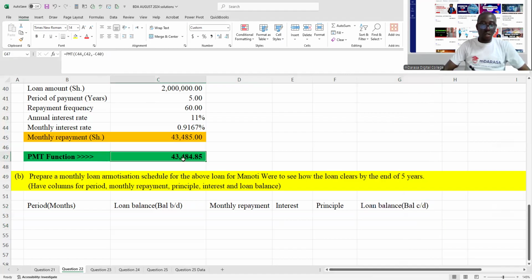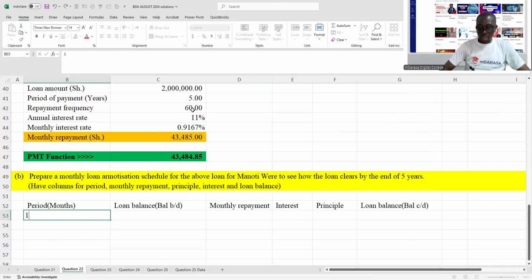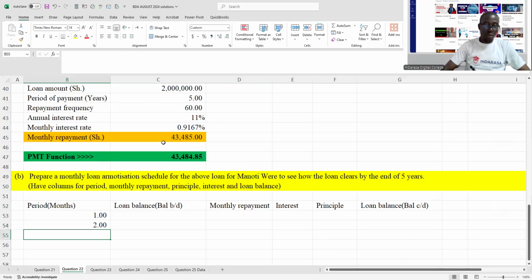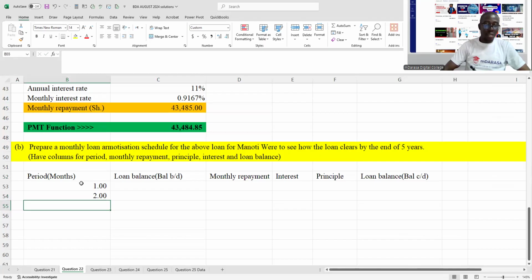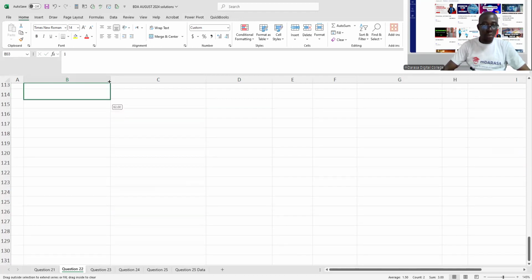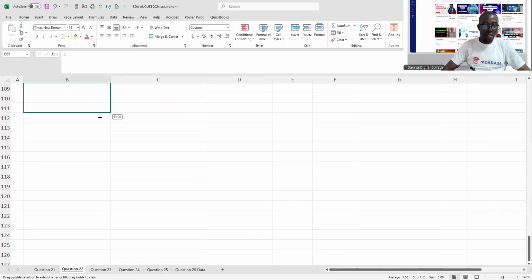We know very well that the monthly repayment will be constant all through the number of periods you're given, which in this case we've clearly seen is 60 months. So the next item to do, you can input it directly, but the quicker way is to drag up to the 60 months.